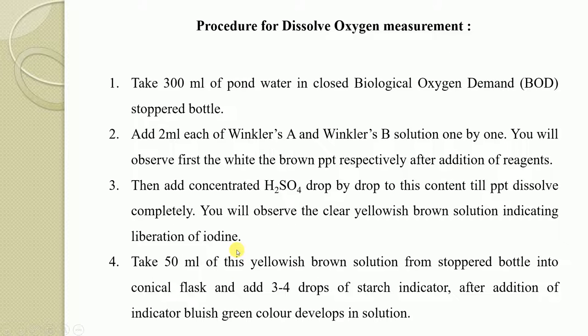So let's see first of all the procedure. First of all, you have to take 300 ml of the pond water in a closed BOD, biochemical oxygen demand, or BOD stoppered bottle. Now after taking the water sample into the BOD bottle, you have to add 2 ml of each of Winkler A and Winkler B solution one by one by inserting the pipette just below the water level.